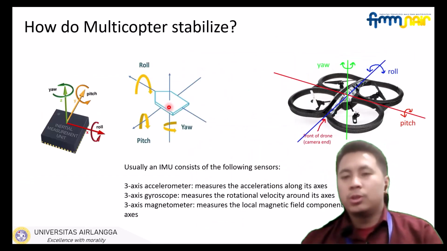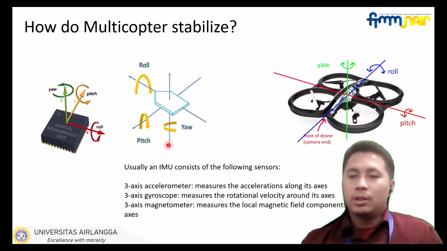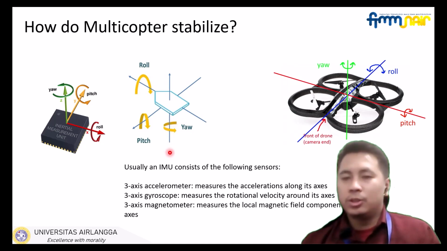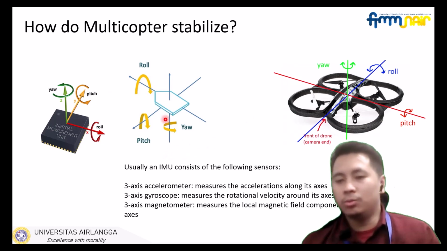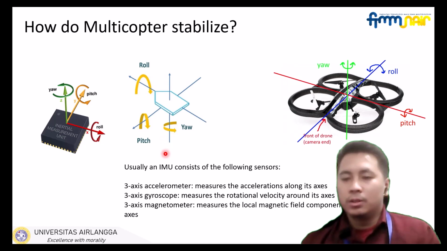And how does a multicopter stabilize? Usually because it has a sensor, usually an IMU, inertial measurement unit sensor, in the multicopter. The IMU usually consists of the following sensors: a three-axis accelerometer, a three-axis gyroscope, and a three-axis magnetometer.